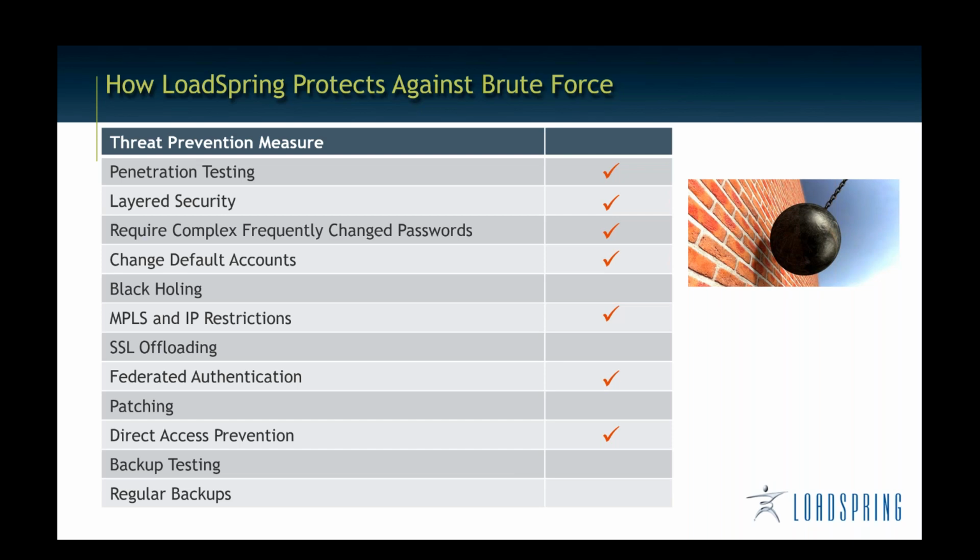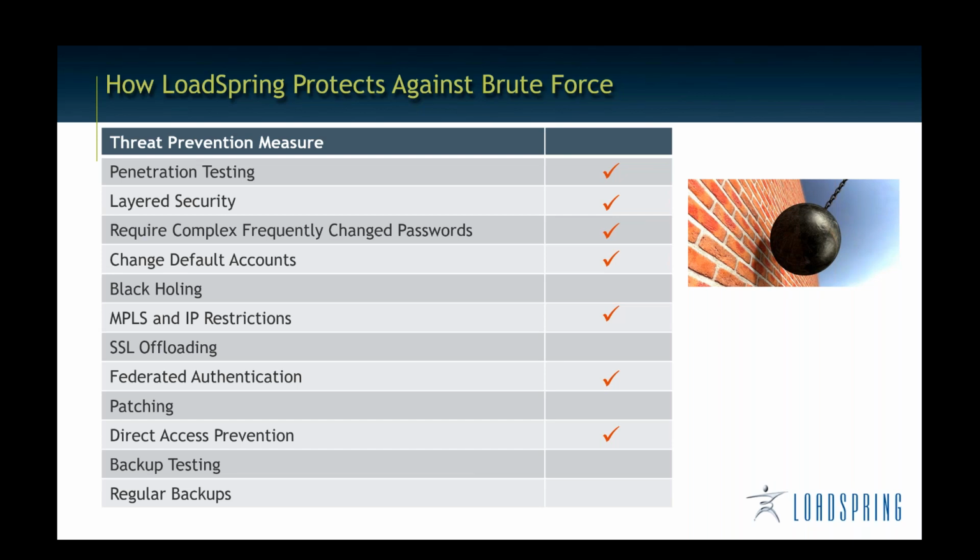The MPLS and IP restrictions would apply again here as well. And then federated authentication is another way to make sure that those applications stay safe. So with federated authentication, what we do is connect to your on-prem Active Directory.